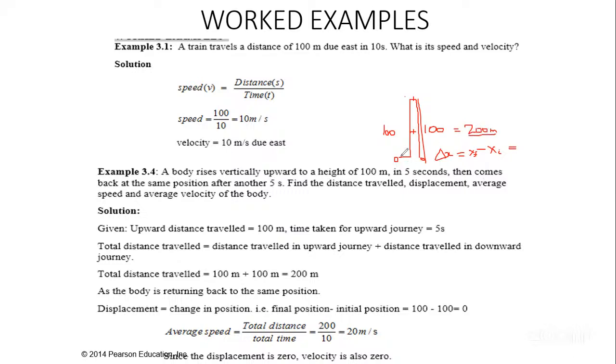The total time taken is 5 seconds to go up, another 5 seconds to come down, so the total time is 10, which means that 200 divided by 10 will give us 20 meters per second. Of course, since displacement is 0, average velocity, which has to do with displacement, will be 0.